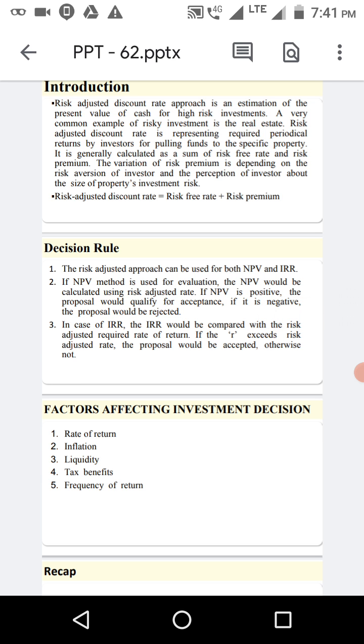Number 1, rate of return. The main reason for people investing money is to earn a high return on the investment. An individual may have various investments. Some may be fixed investments and others may be high risk equity investments.